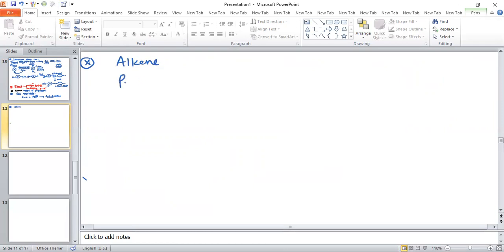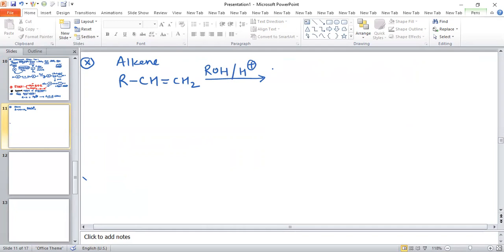If the reactant is RCH double bond CH2, and we add alcohol ROH in the presence of H positive ion, see what happens. This is the obtained product.